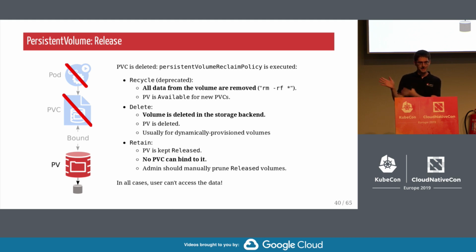If David comes, asks nicely, I can give him the data. In all these three cases, the data are lost for the user. So the user can't access the data. He either can go to me and ask nicely, or the data are deleted. So be very careful when deleting PVCs. You will lose your data.